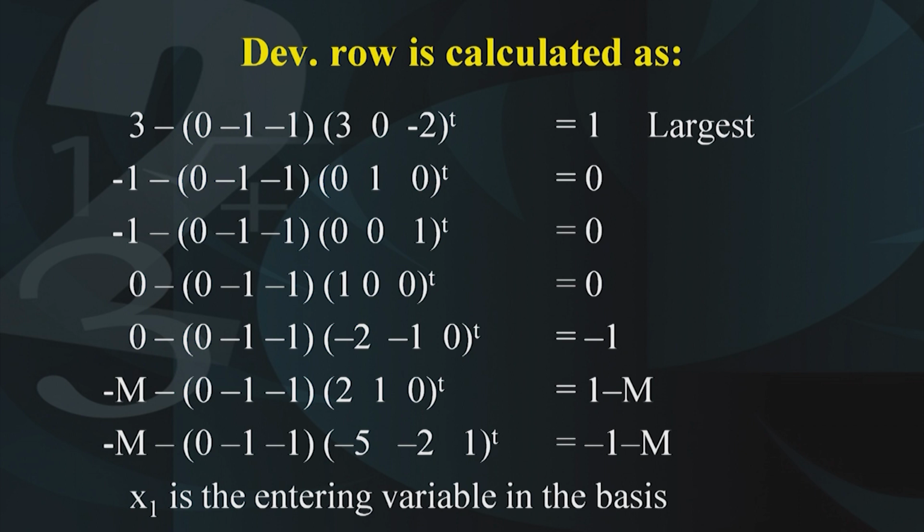Next one is 0 minus 0 minus 1 minus 1 multiplied by -2 minus 1 0, which comes to be -1.